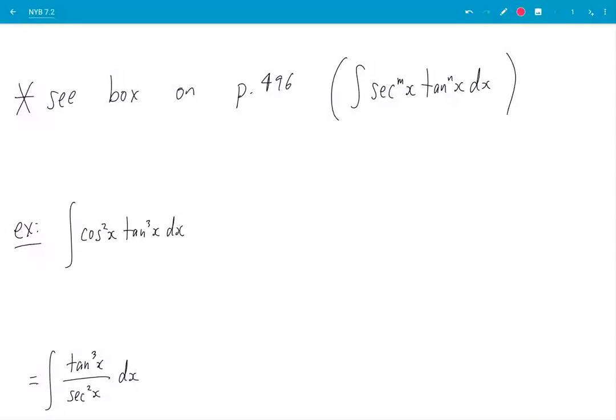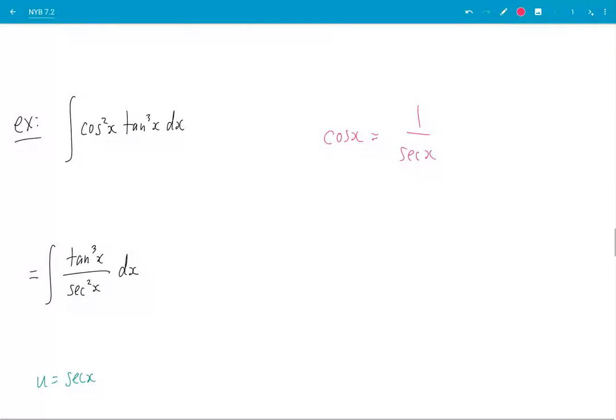Okay, where I've said to myself, cosine of x is 1 over secant of x, to obtain this guy here. And then I will do u is equal to secant. What possessed me to make this choice? I can't remember. Let's see. If I do u is equal to secant, what I'm thinking is that I'm going to end up with du over secant x tan x, right?